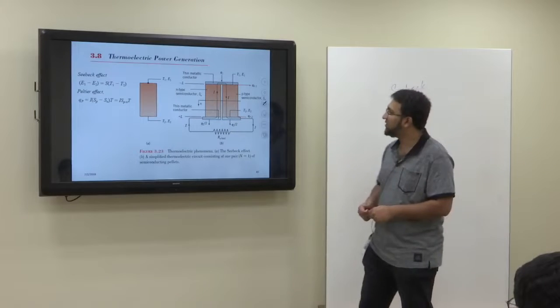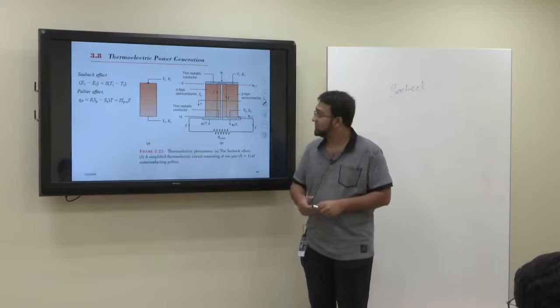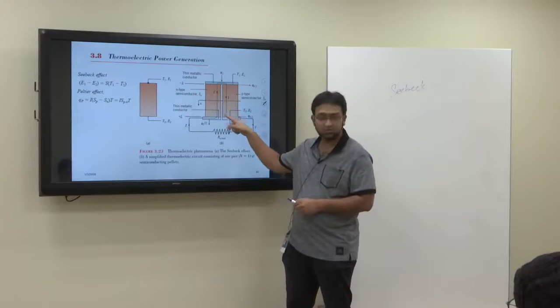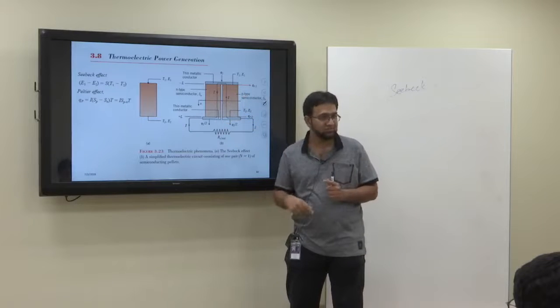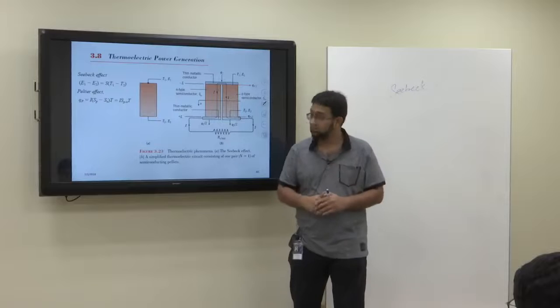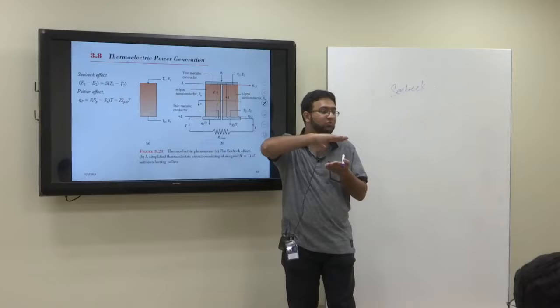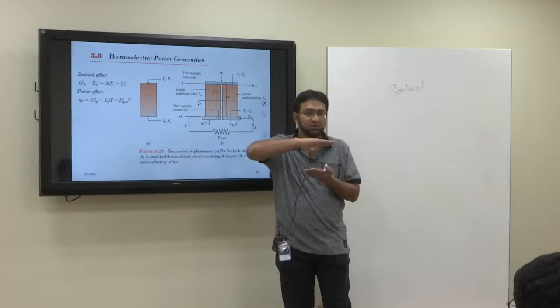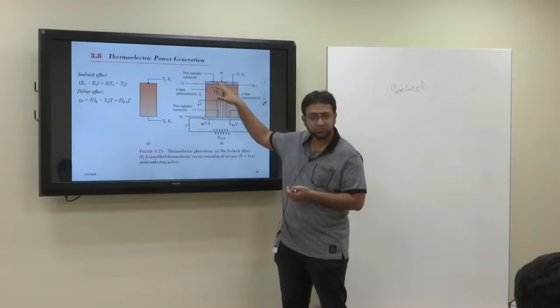So for that, what we do is that we take the semiconductors, that's the n-type semiconductor and a p-type semiconductor. We connect them in series, make a p-n junction. Okay. On one end, now at the two ends, we need to produce the same temperature difference. So at one end, we will put a high temperature.